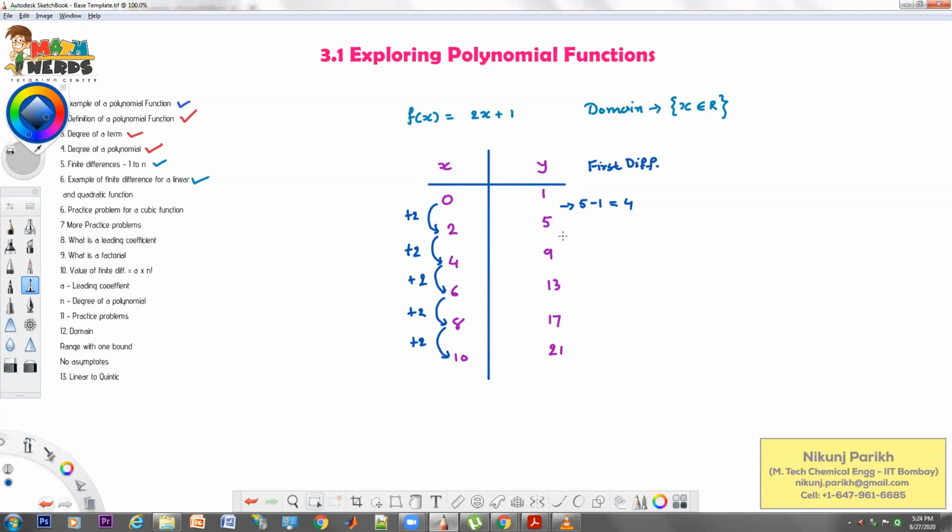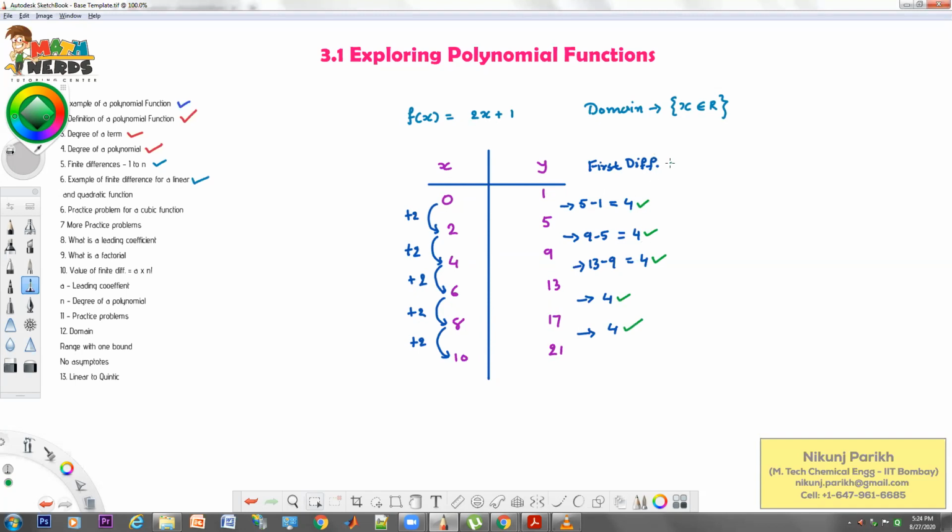Nine minus 5 equals 4. 13 minus 9 equals 4. And similarly, you have first difference 4 here as well as here. Now you can see that my first difference is always 4. So my first difference is constant, 4.